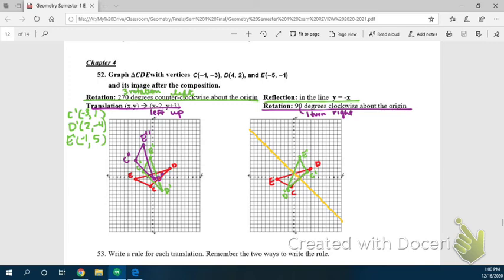And when I look at that, I'm going to see my most recent, which is what I have in green, and try to visualize where it's at. So looking at my axes, I'm going to start with C. The green C is at 1, -3.